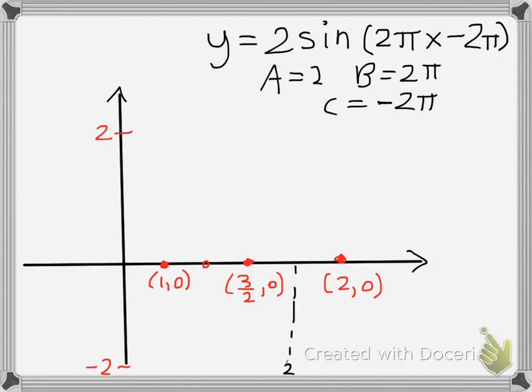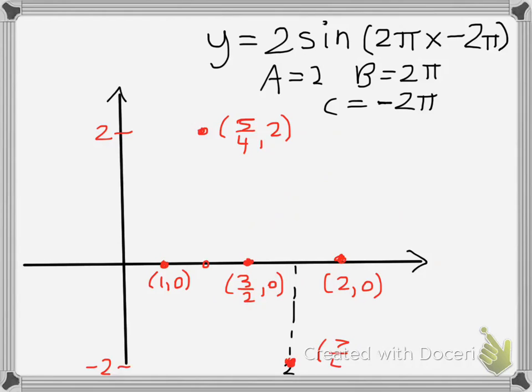So this point is 5/4, 2. And this point down here, where the wave reaches its lowest point, is between 3 halves and 2, which is 1 3/4, or 7/4.